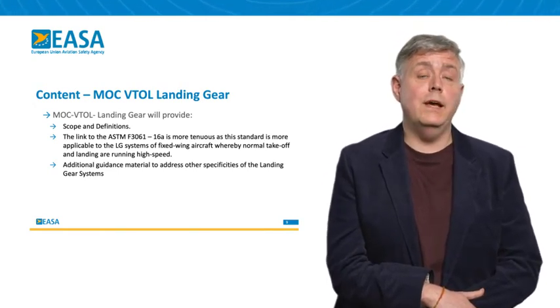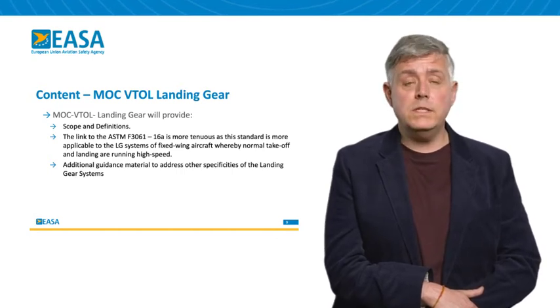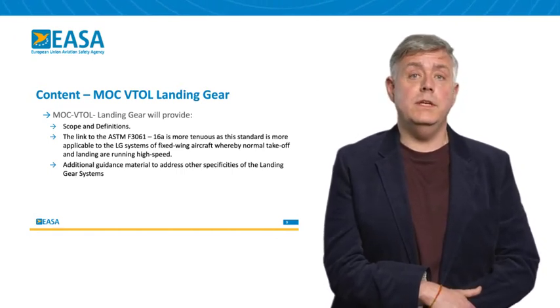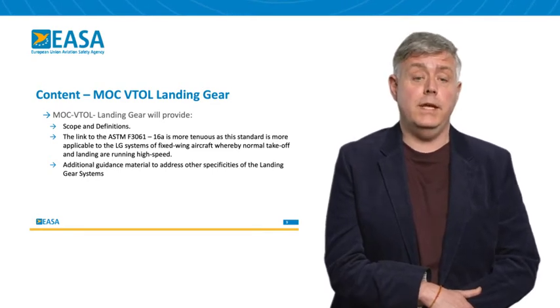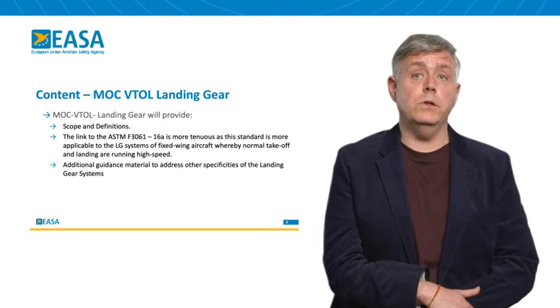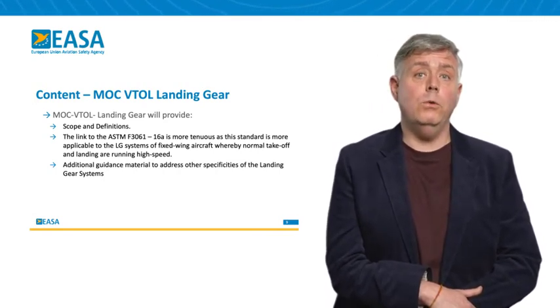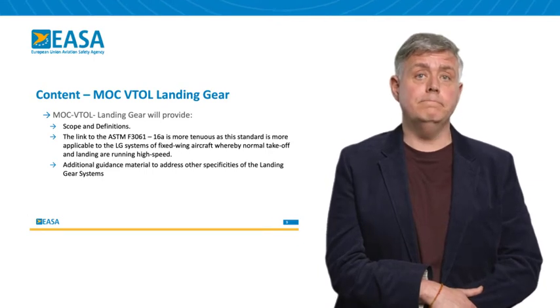And as I've already said, we're assuming vertical takeoff and landing. So whilst there is some link to the ASTM, it is in places quite tenuous. Hence there is indeed, and there must be, additional guidance material for the specificities of a VTOL vehicle.